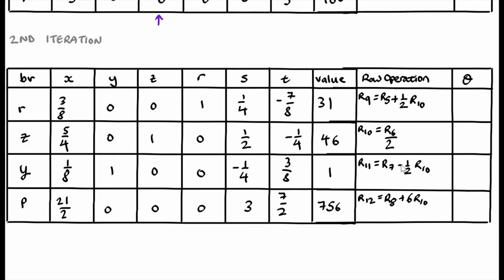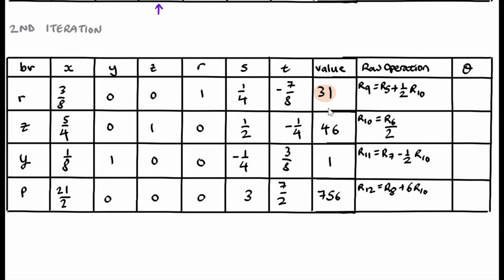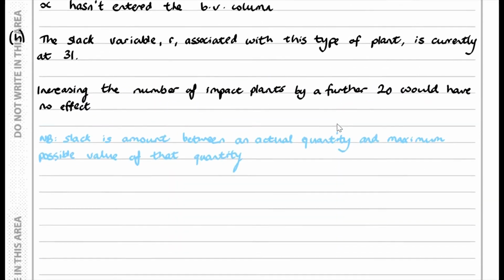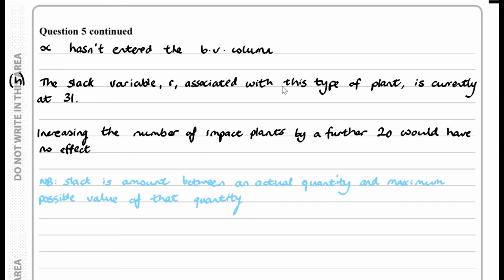So we've got essentially a space of 31, and you'll see that over here. Now increasing by 20, because we've got a space of essentially 31, increasing the number of impact plants by 20 would have no effect. So I've put that down into words over here. The slack variable R associated with this type of plant is currently at 31, and increasing the number of impact plants by a further 20 would have no effect, and I've given the definition of slack over here.